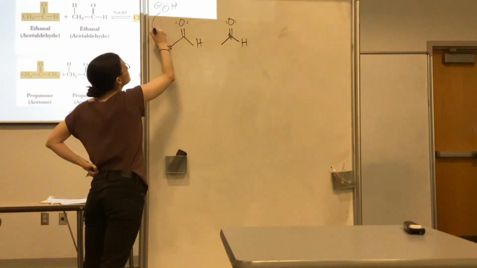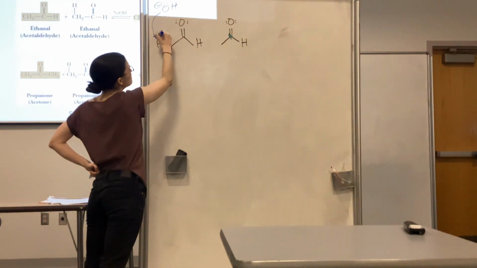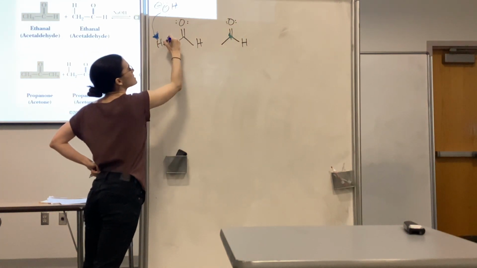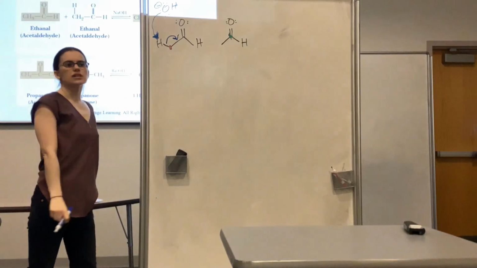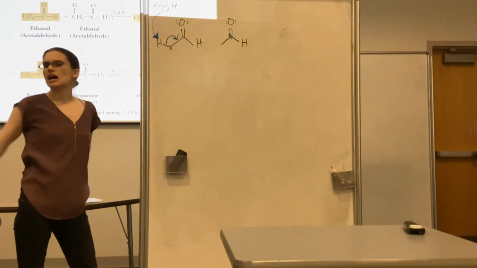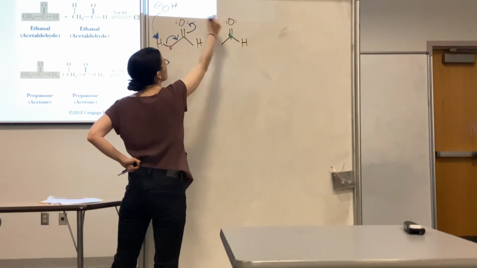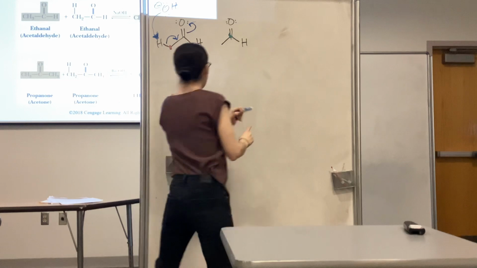We're going to have hydroxide steal that acidic proton, that's an arrow, and these electrons from that bond are going to go right there. I mean, we could put them on the carbon, but that's ugly and crowded, so let's just go ahead and do what we always do.